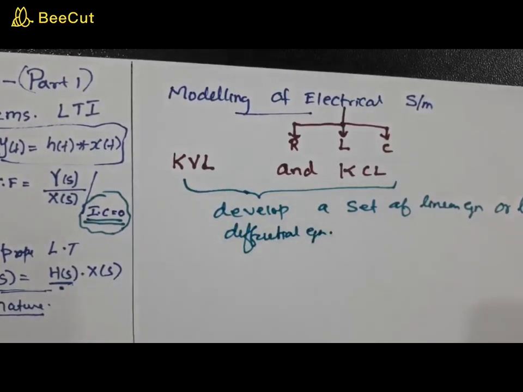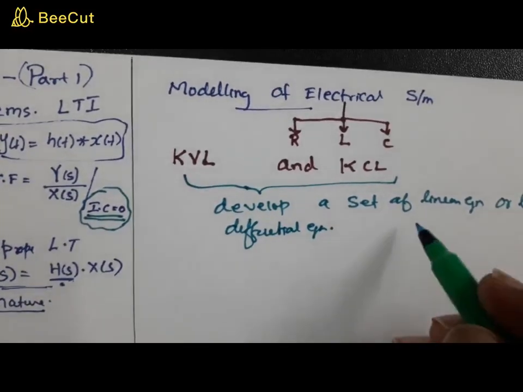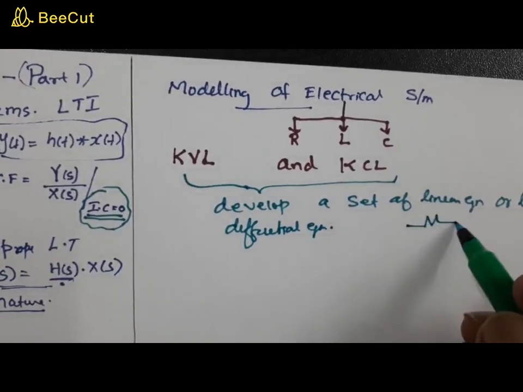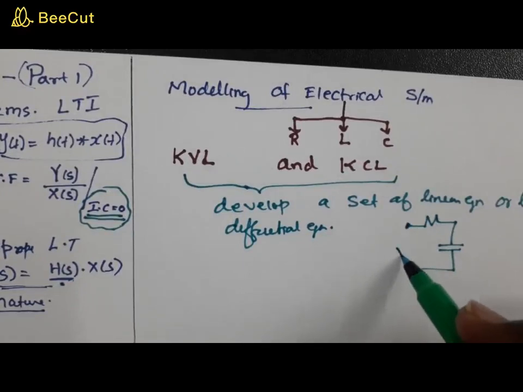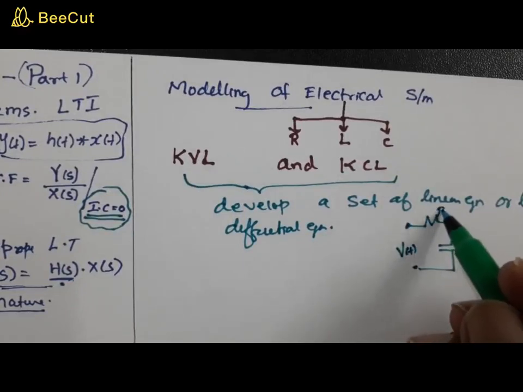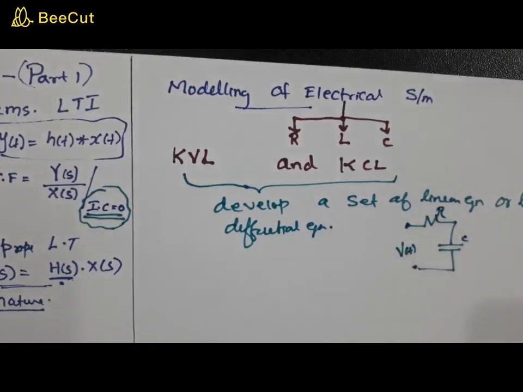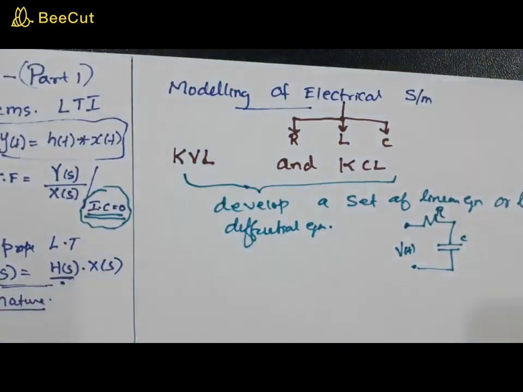Say for example, if you consider an RC network like this, with a source V of t, how will you write this equation?